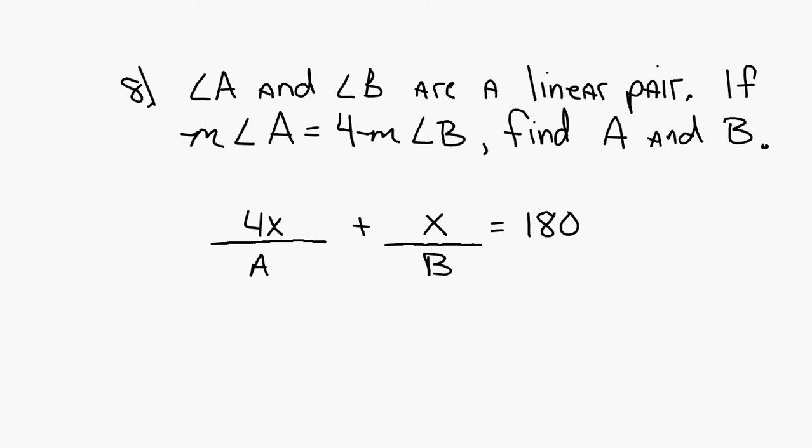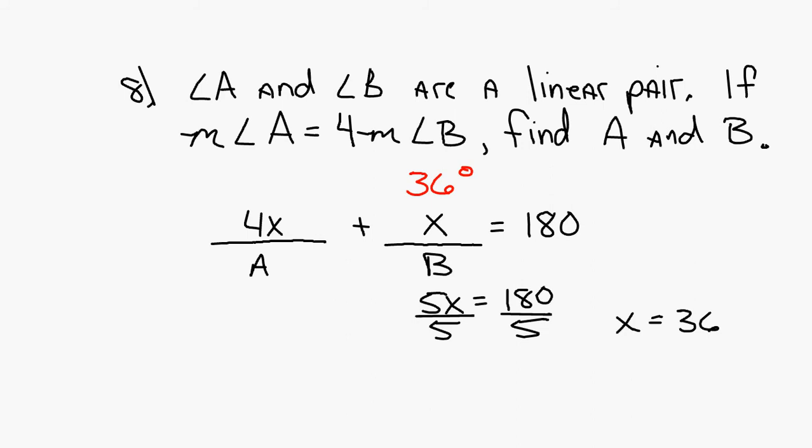So you got 4X plus X equals 180, so 5X equals 180. Divide by 5. X equals 36. So one of your angles is 36 degrees, and the other angle is 144.